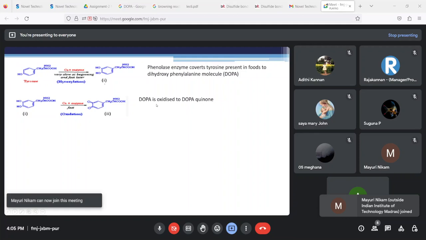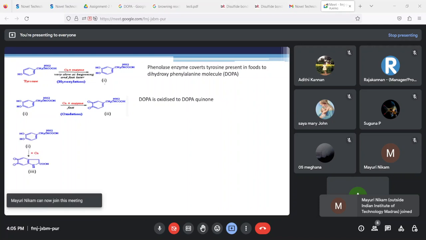So we're looking at DOPA being oxidized to dopaquinone. When you have a benzene ring and two oxygen atoms attached by replacing the hydrogens, you have something called a quinone molecule. So this is a dopaquinone molecule. The second molecule that we're looking at is dopaquinone.